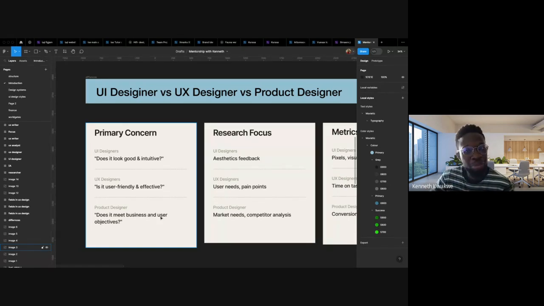It may be nice, but it may not be meeting user or business goals. It may be nice, but it may not be user friendly or effective. So a product designer has a robust view of this, and he's able to navigate all this moving forward.